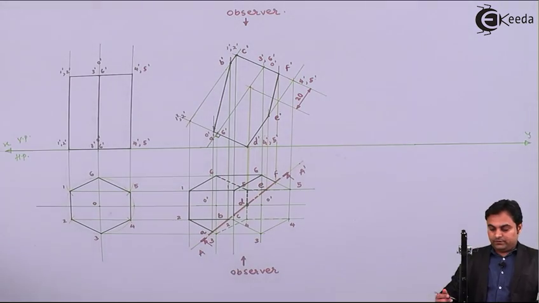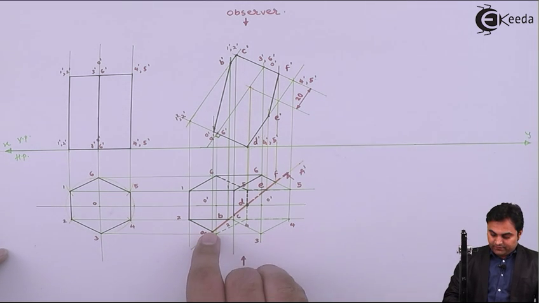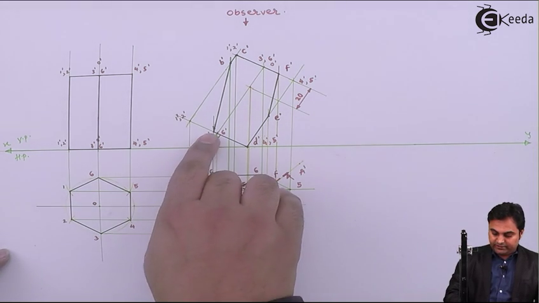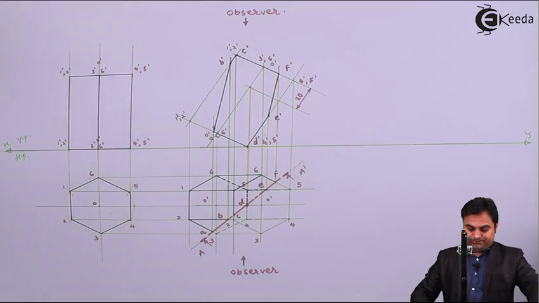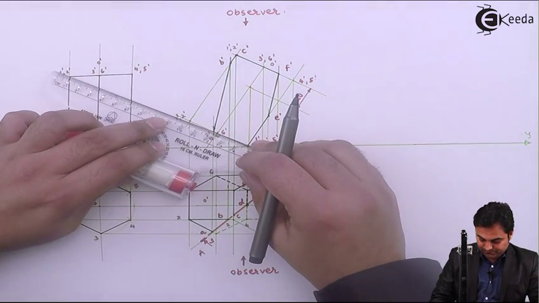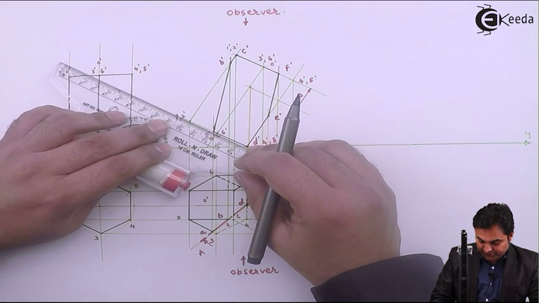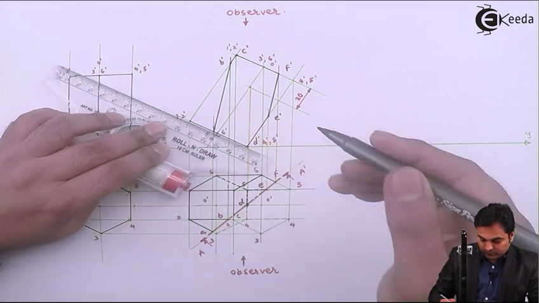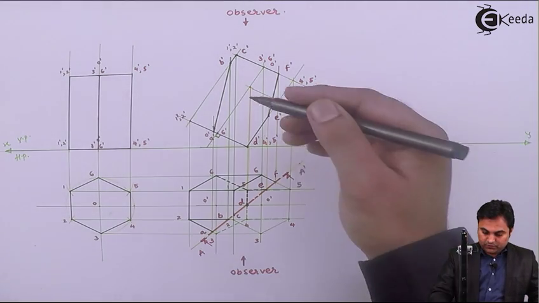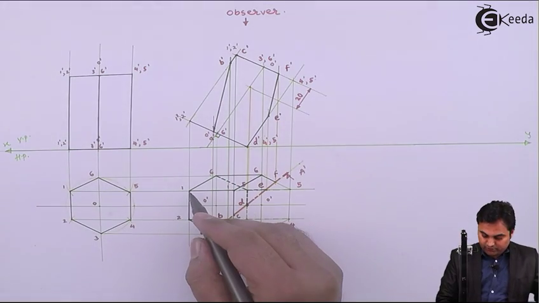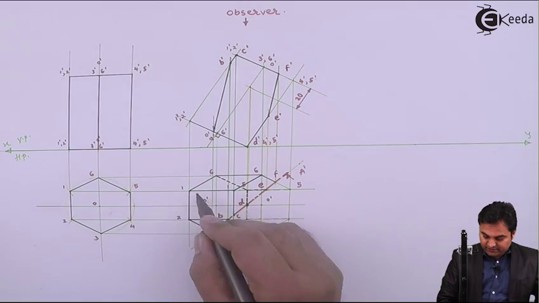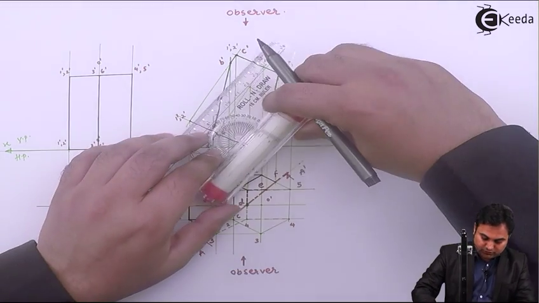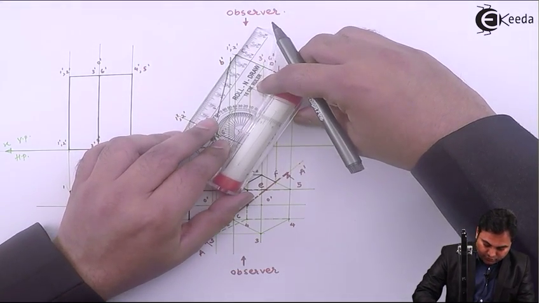Now this is the cut section, and if we are looking on this side, A to 2 is visible, so A dash and 2 dash will be connected, that is dark. That part is retained. After that, 1 dash 2 dash, or we can say 1 dash to 1 dash, this is also visible and it will be joined.